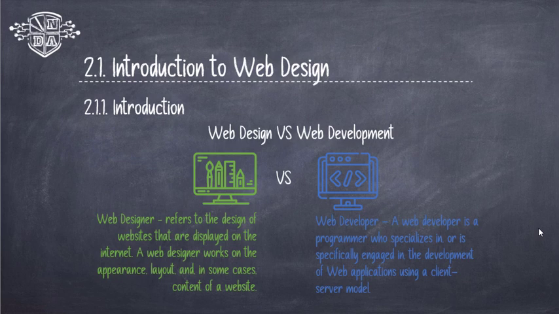You can see that difference. A designer is just a designer, works on the design. But a developer is a programmer who specializes in or is specifically engaged in the development of web applications using a client server model. So don't confuse the two, a web designer and a web developer.